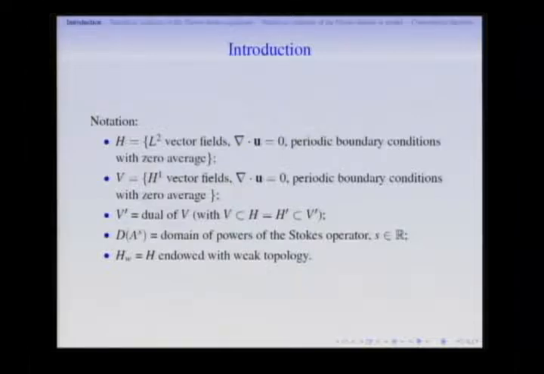And when we write a space with the subindex W, it is because we want to emphasize that the topology considered is the weak one. When we don't put the W, it's because we are considering the strong topology.